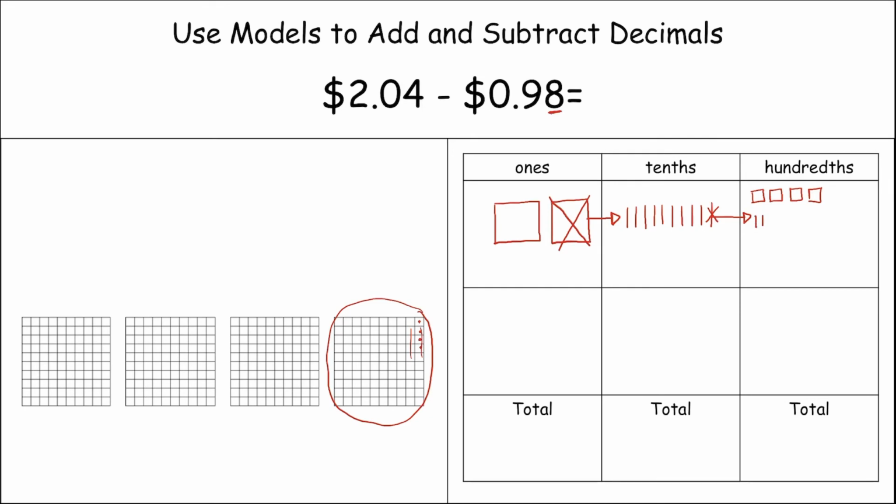Because within each of these tenths, there are 10 hundredths. 1, 2, 3, 4, 5, 6, 7, 8, 9, 10. And I'm going to highlight the ones that we added so that we know these were not originally here.